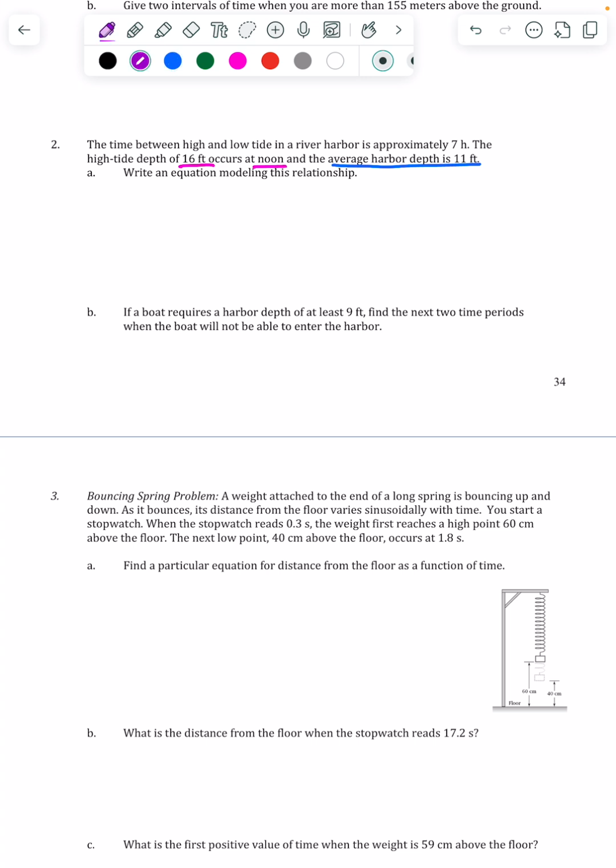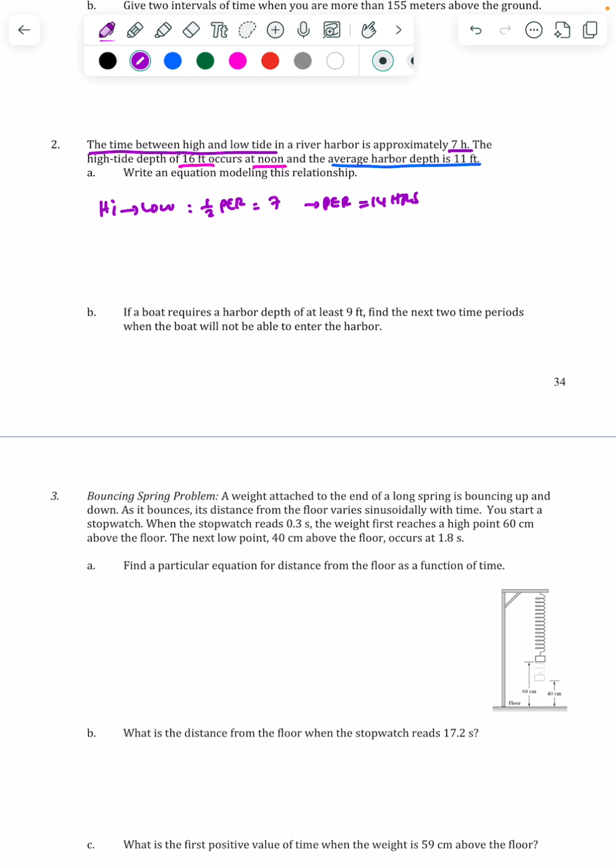The time between high and low is 7, so from high to low is half a period. So half a period is 7, that means the period is 14 hours. That's simple to understand. Just remember from high to low, that's half a period.